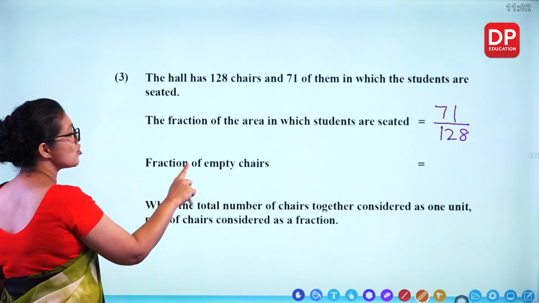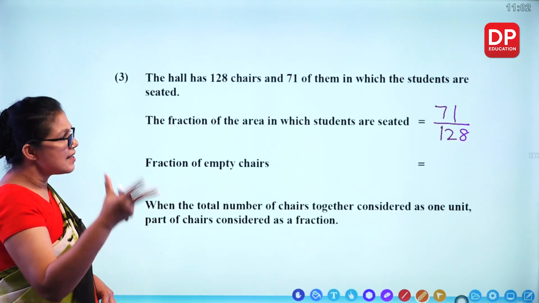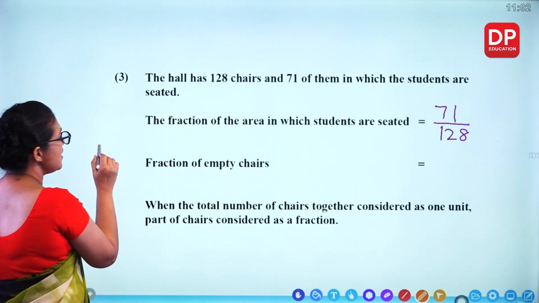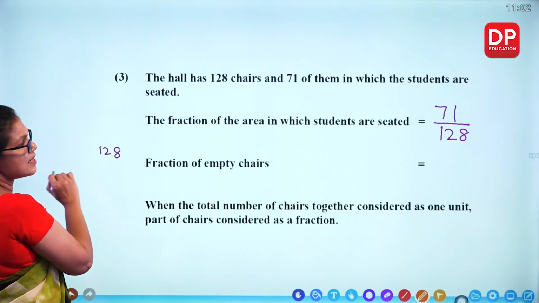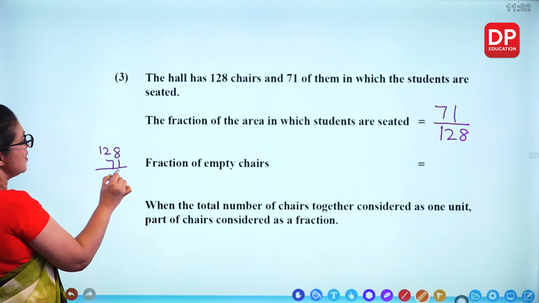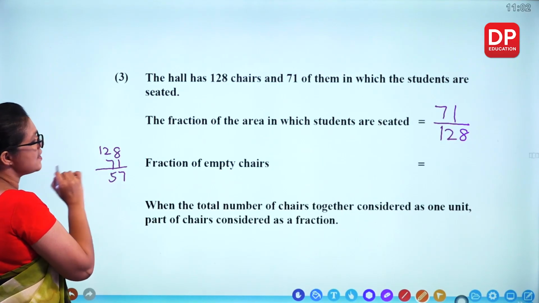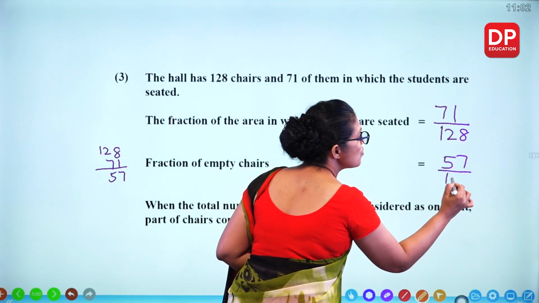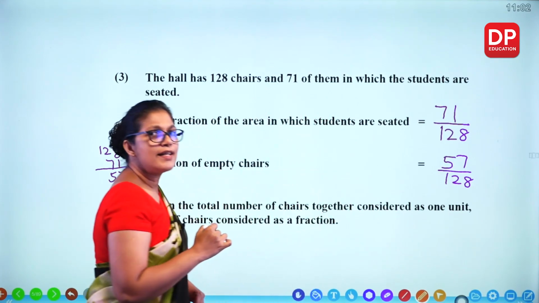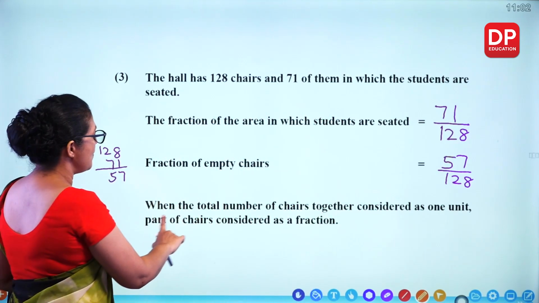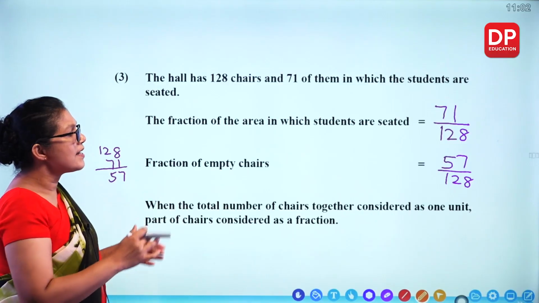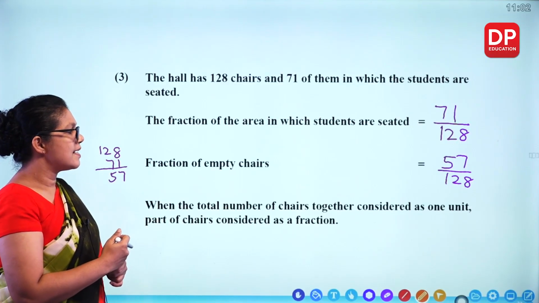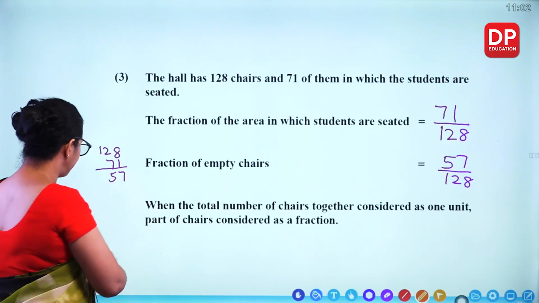So what's the fraction of empty chairs? The rest of the chairs. We can find by subtracting 128 minus 71, you get 57. So that means 57 out of 128. When the total number of chairs together is considered as one unit, part of the chairs is considered as a fraction.